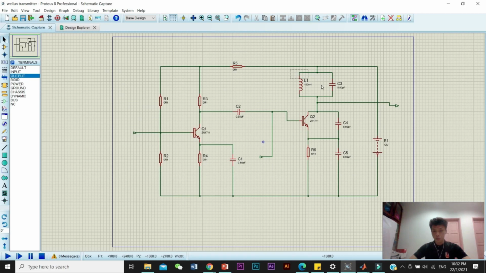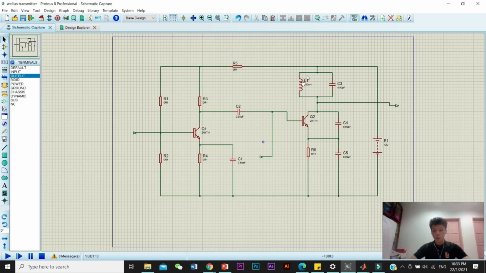Above this oscillator, this is a little tank circuit. This is an LC circuit. This tank circuit basically controls the frequency of the oscillation. We need to set the value of this tank circuit to control the frequency of oscillation, so that the modulation can be done smoothly.